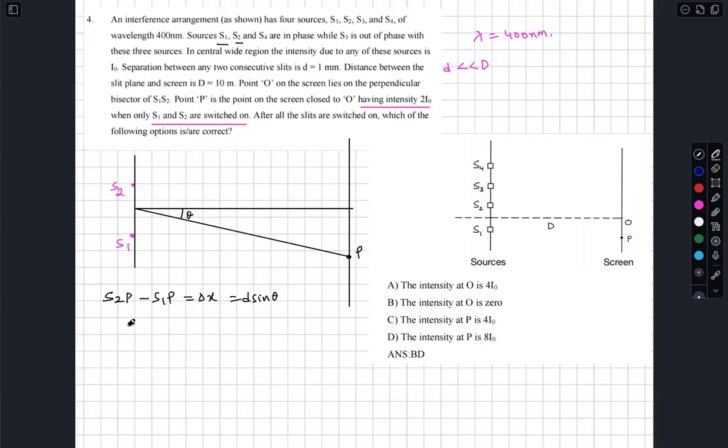Suppose you know the expression. What is the expression? If they bear a phase difference of, say, some delta phi, then at point P, intensity is given as 4I naught cos square delta phi by 2.